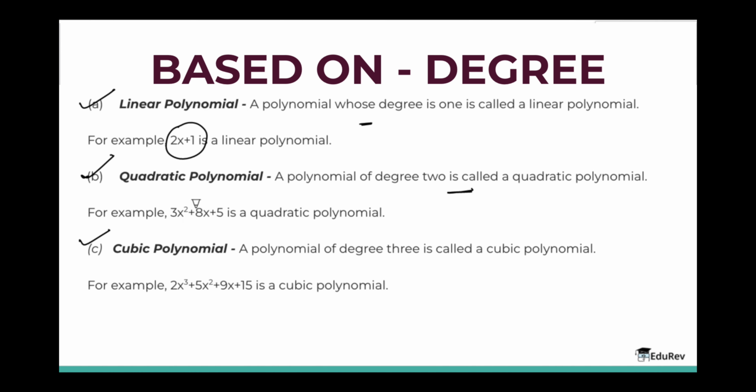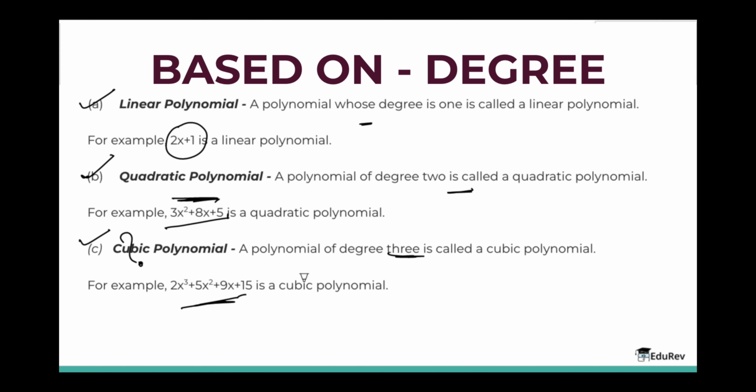For example, 3x squared plus 8x plus 5 is what? It's a quadratic polynomial. And lastly, what are cubic polynomials? They are the polynomials that have a degree 3. For example, 2x cubed plus 5x squared plus 9x plus 15 is a cubic polynomial.